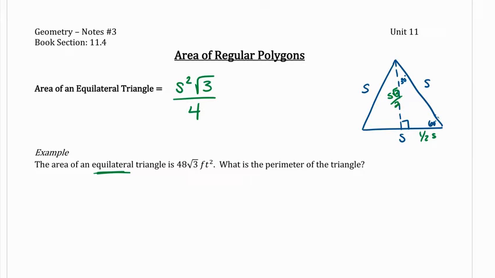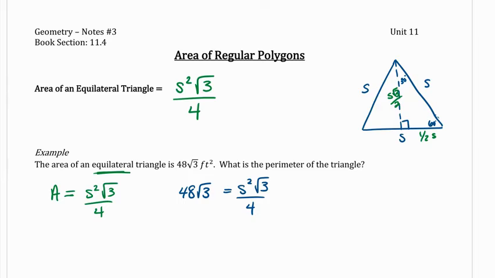But if I know this other formula, it goes a lot quicker. So if my area is equal to S squared radical 3 over 4, then I can plug in the part I know. So 48 radical 3 is the area. That's going to be equal to S squared radical 3 over 4.